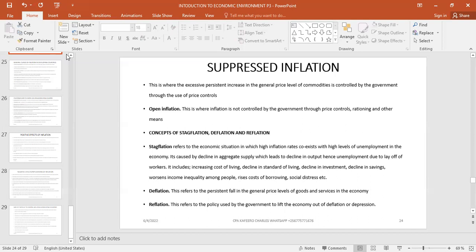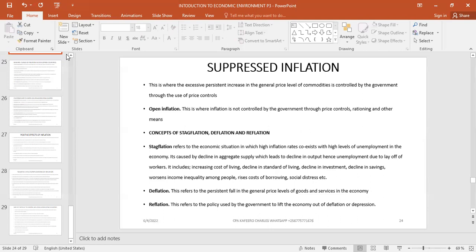Then we expect that even investment will suffer, because if companies are not supplying, how will they continue in production? Those companies will also decline. As those companies are declining, you don't expect investors to come in and put in their own money.